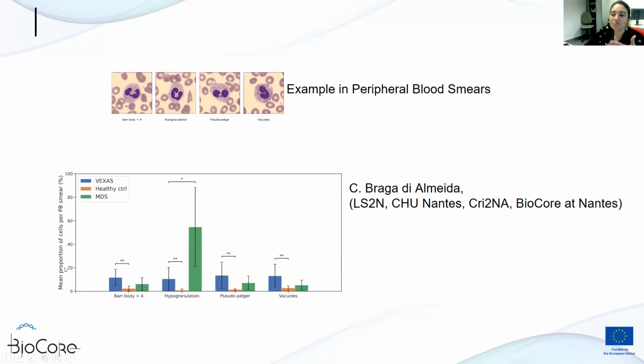And what defines, based on the experience of the hospital biologists, the different kinds of disease they are interested in is the numbers and the relative proportion of these cells. So you can see there are 4 types of cells, and according to the proportion, some of them, okay, they are doing well, the orange one, and this is another kind of disease, and this is VEXAS, this is what I'm interested in.